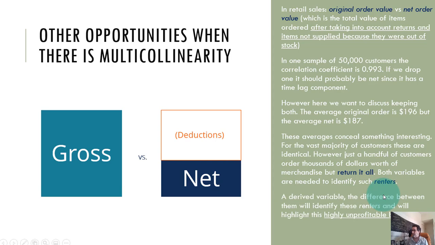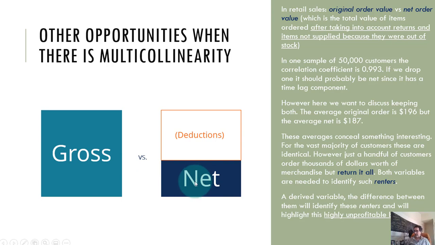A derived variable, the difference between them, will identify renters and will highlight this highly unprofitable behavior. So we can make a new variable which is simply the difference between this and this. Most of the time it's going to be 0, but sometimes it'll be a big number.